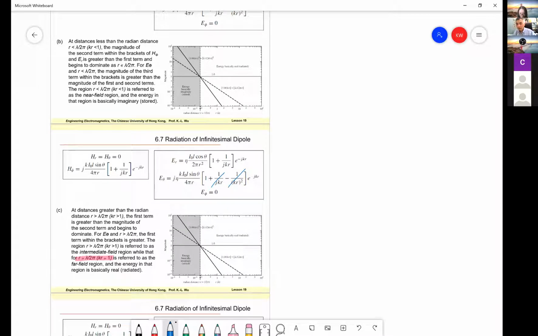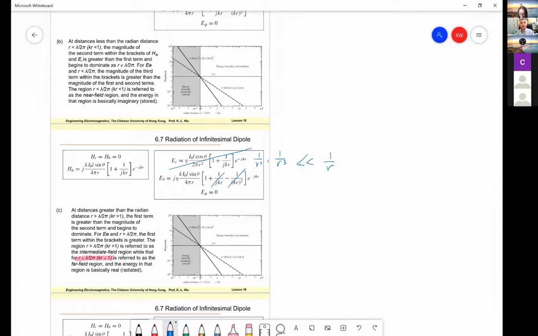We omit the whole thing because this is 1 over R squared, 1 over R cubed, which is much, much smaller compared to the 1 over R term. This is how we grab the most important things and ignore the insignificant terms. This is very important in engineering.